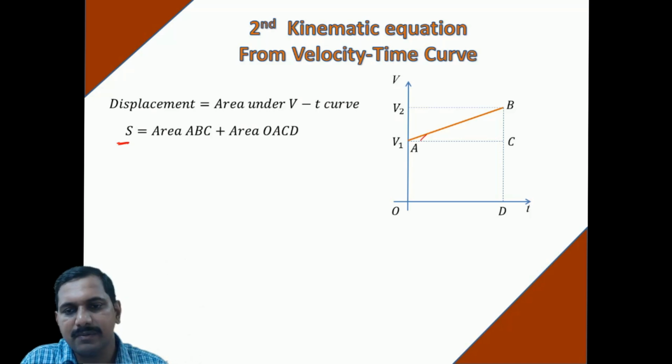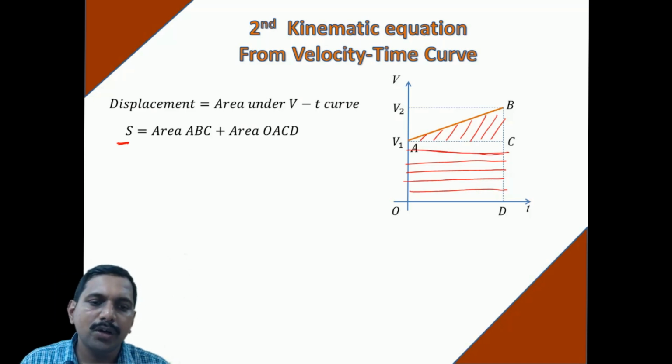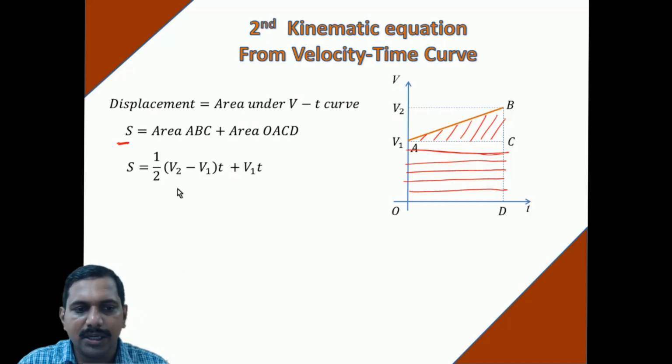area ABC plus area OACD. So this area would be OACD, right? What is ABC? ABC is half into V2 minus V1 into T. Why is that so?